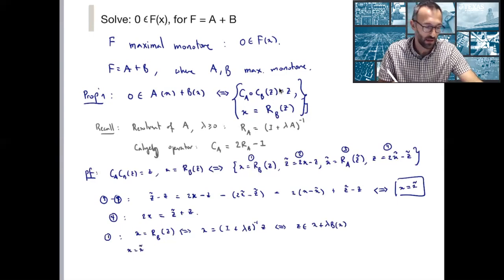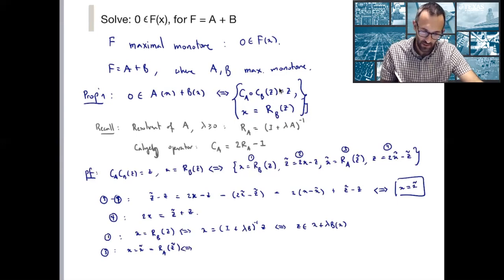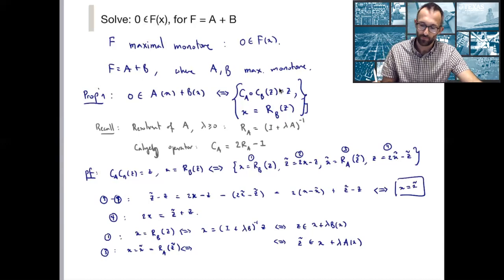We concluded this above. And X tilde, by definition, this is by equation 3, is equal to RA of Z tilde. And so by the same exact chain of reasoning, we arrive at Z tilde is an element of X plus lambda A of X. I would have had an X tilde there, but we concluded already that X tilde is equal to X.